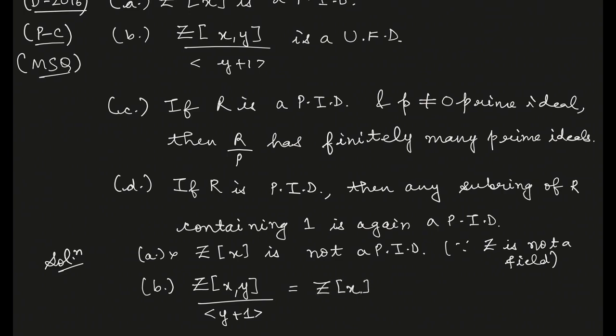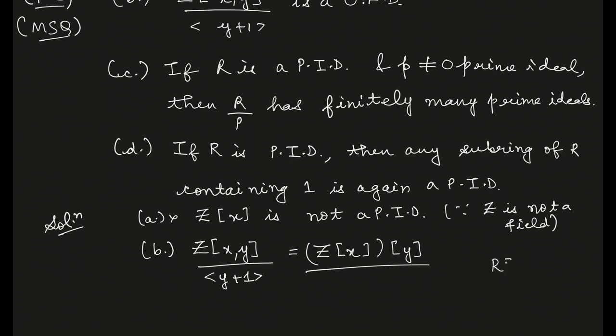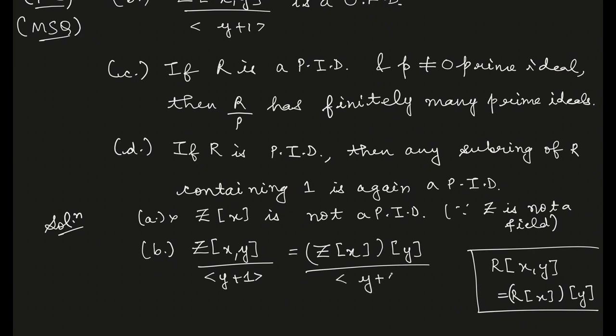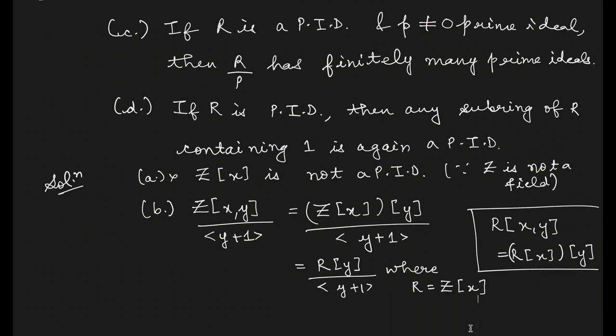This can also be written as Z[x][y]. Means I can write R[y] as R[x][y] upon ideal (y+1), where R is equal to Z[x].